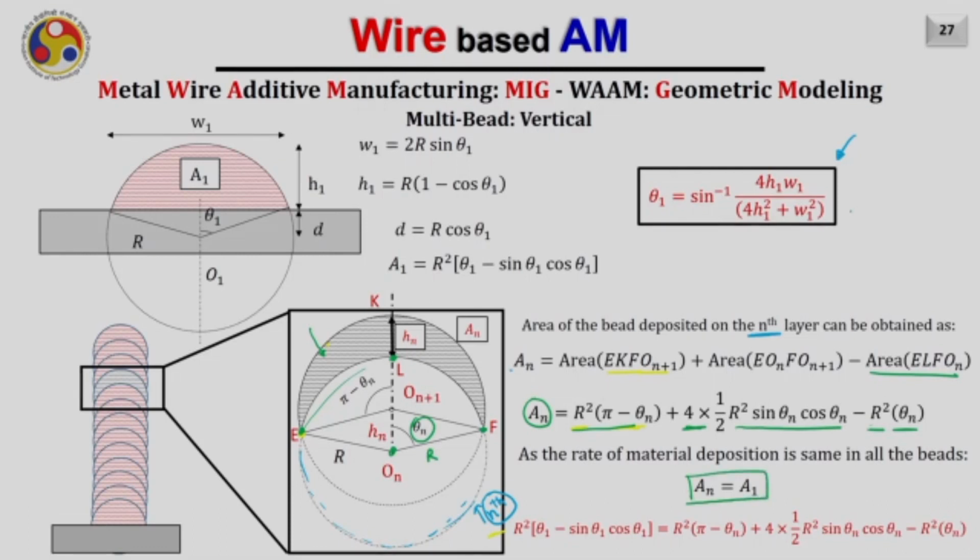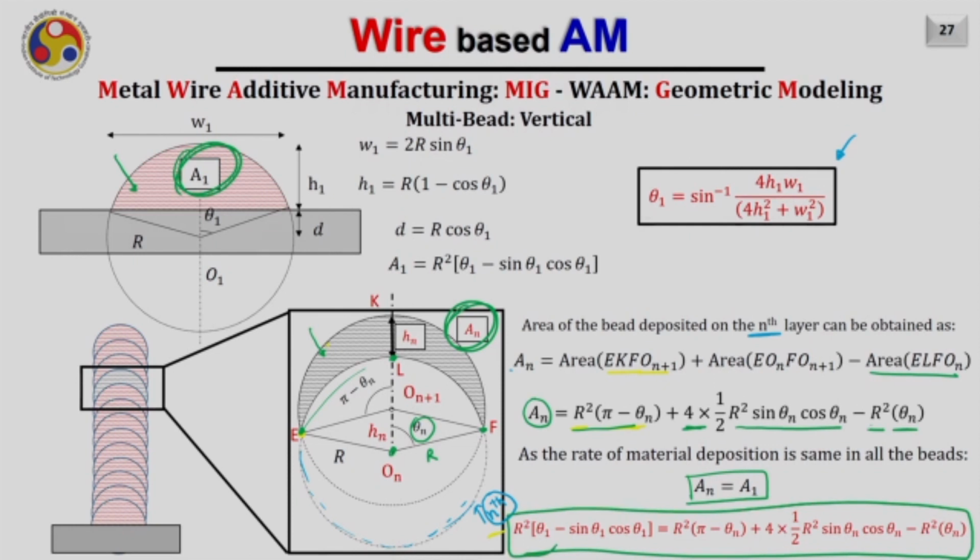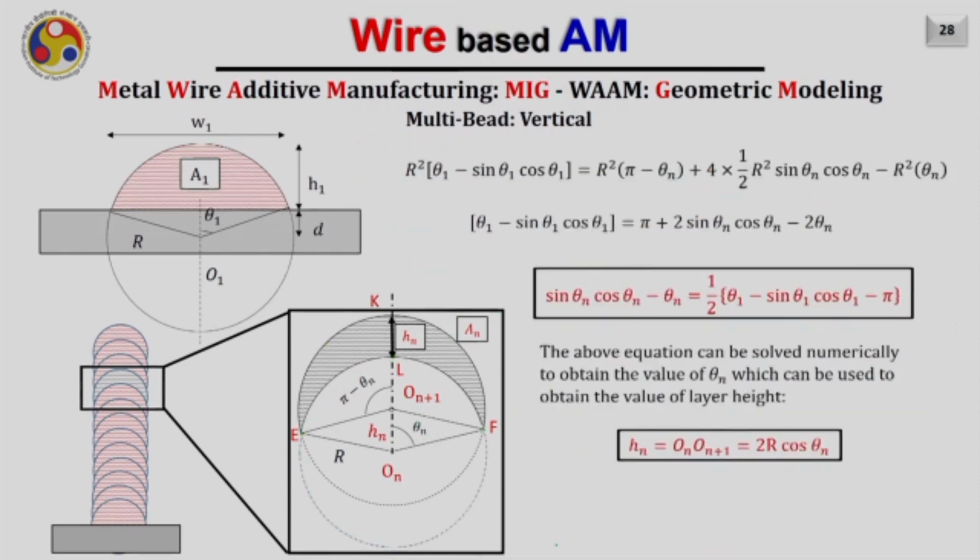That was the area 1 calculated when the bead is deposited on the flat bed, and the area we just calculated, An. After doing it, this is the equation we obtained. We need to further simplify this equation, and the final expression will look something like this: sin theta n cos theta n minus theta n equals half of theta 1 minus sin theta 1 cos theta 1 minus pi.